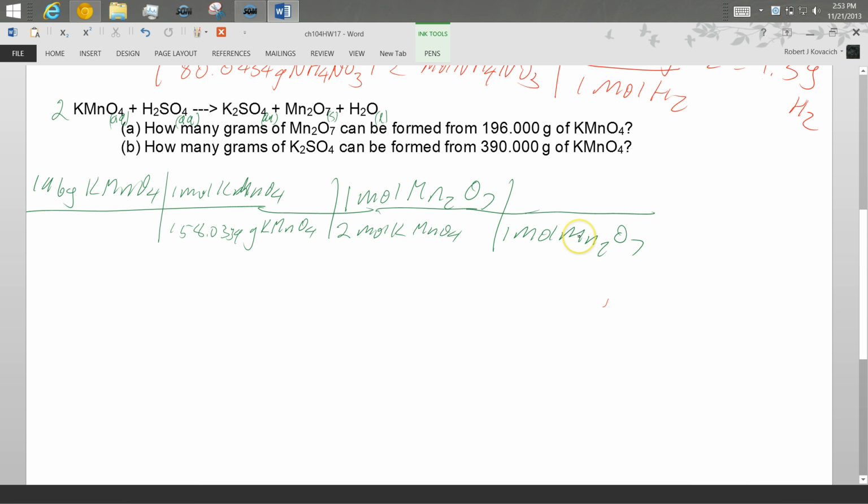How about a mass for the manganese 7 oxide? Start flipping through homeworks. 221.87. That sounding like about right? Yeah, that sounds good. 221.87 grams Mn2O7.